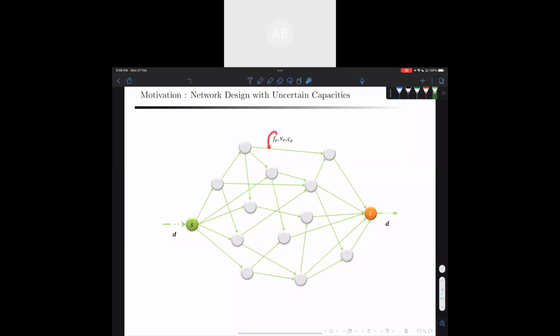Everything comes with a fixed cost. You might have variable costs of sending a unit flow on these arcs, but the specific parameter we'll be focusing on is the capacities of these edges or arcs. We're not concerned about the fixed costs and variable costs. Let's say that we don't have any variable costs. The primary thing I'm going to be concerned with today is going to be the capacity.